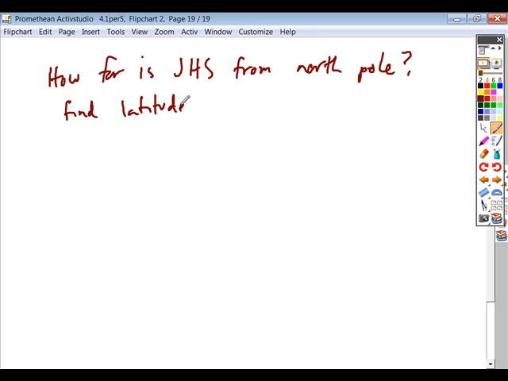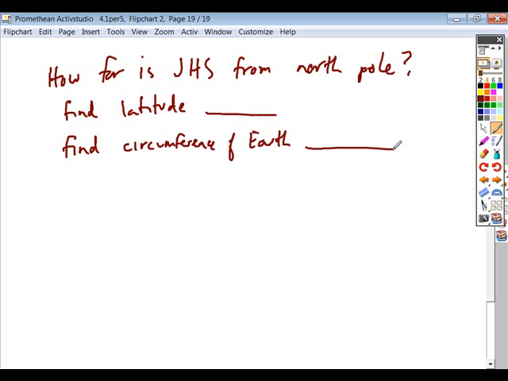Okay, so this involves you finding the latitude, finding the circumference of the Earth, and I want you to find it in miles, and to 2 decimal places. And then calculate based on that. So this is going to involve you finding it online. You can work with your groups if you want. Okay, just take a moment or two, see if you can find that information.